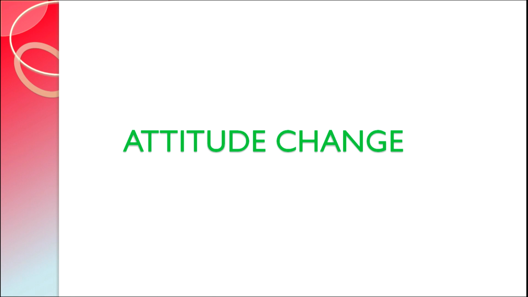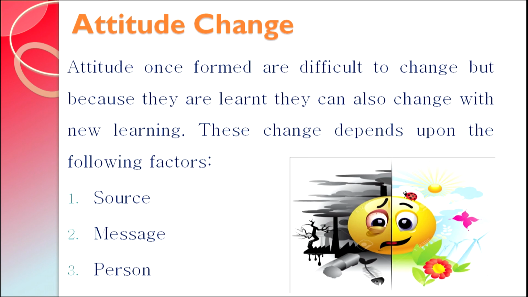We must also know whether attitude can be changed or not. Attitudes once formed are actually very difficult to change, but because they are learnt, they can also be changed with new learning. These changes depend upon the following factors. We might change our attitude depending upon the source. That is, if the source which tries to change our attitude is strong, then we might change our attitude.